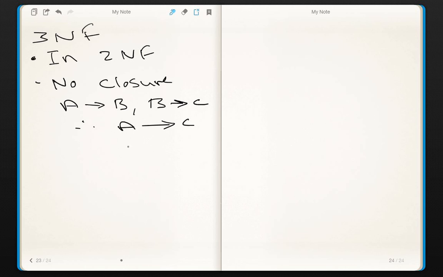Okay, right. Let's have a look at an example. Right. Okay, we'll take this example.